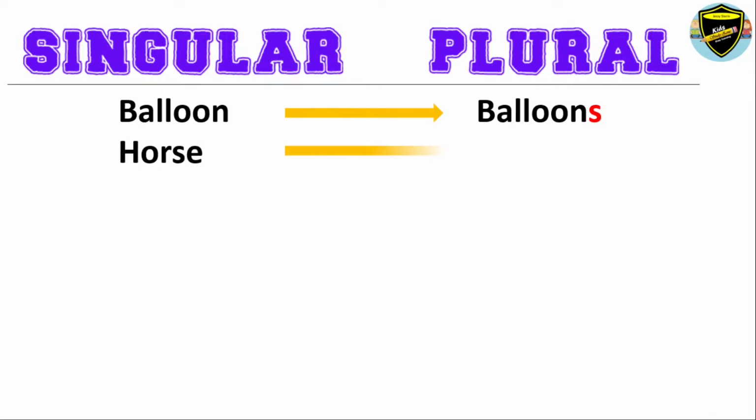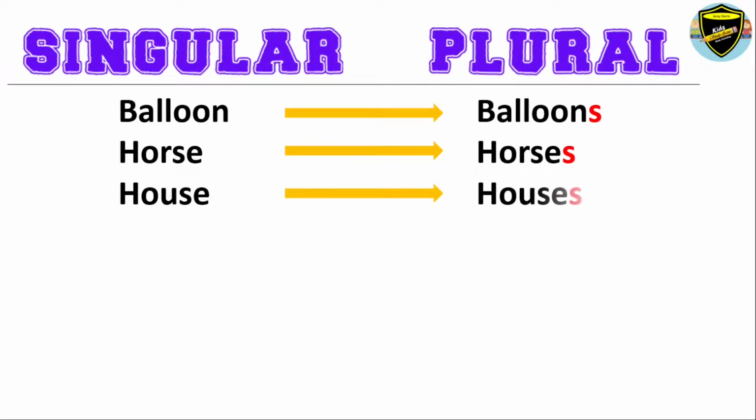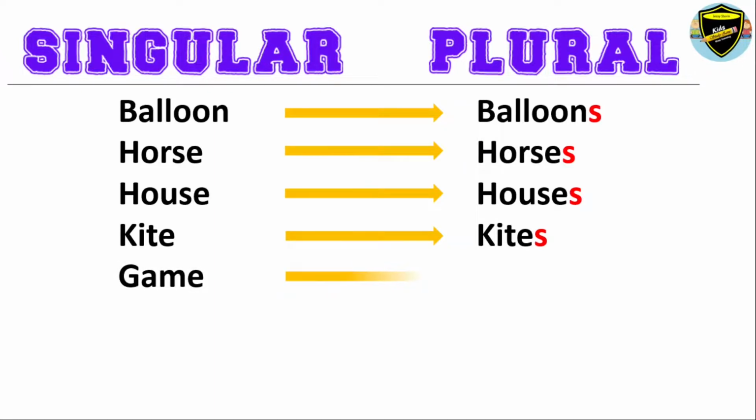Horse. By adding s to it, we make it horses. The same way, house. By adding s to it, we get the plural houses. Kite. It becomes kites. Game.